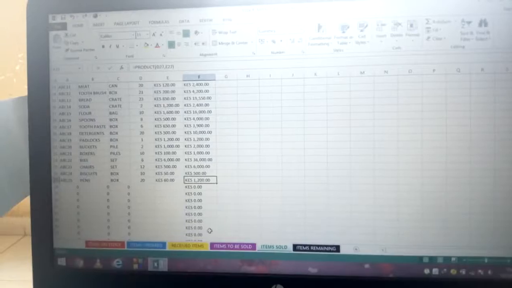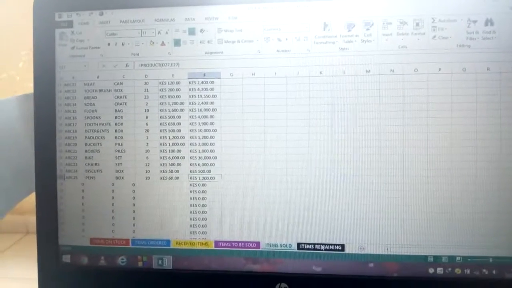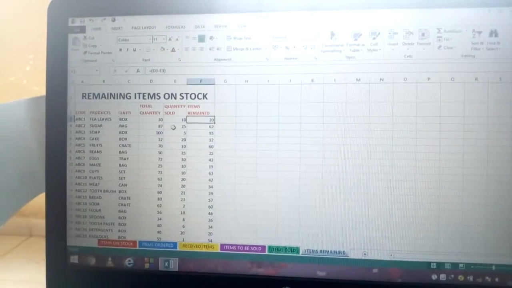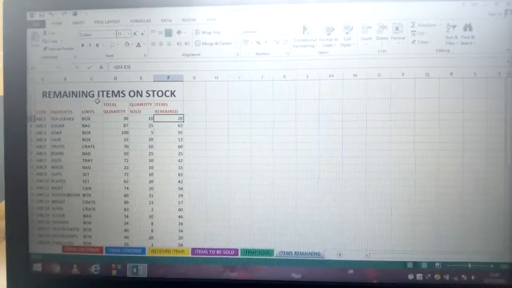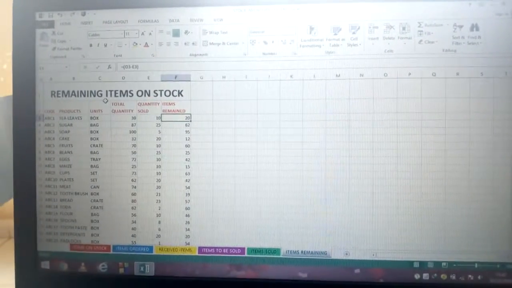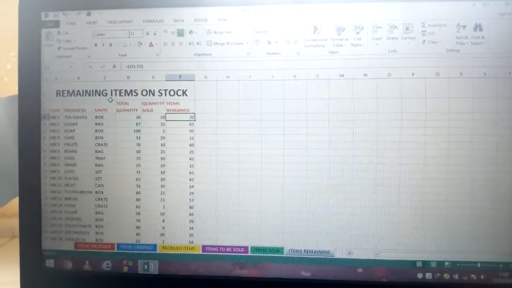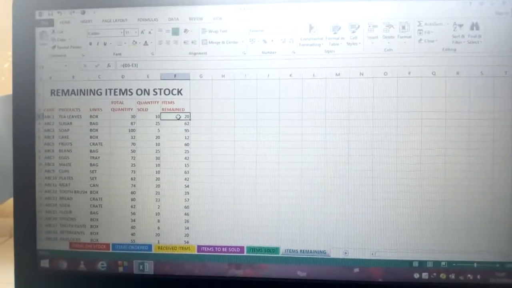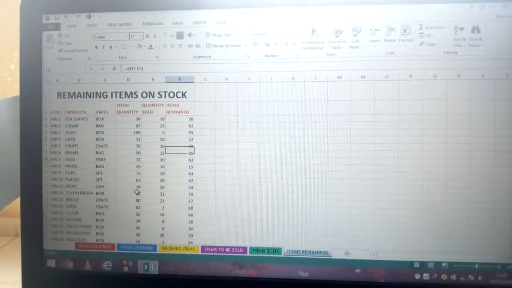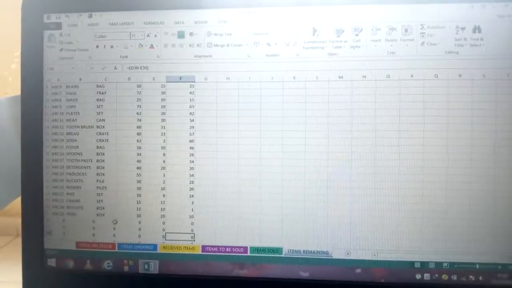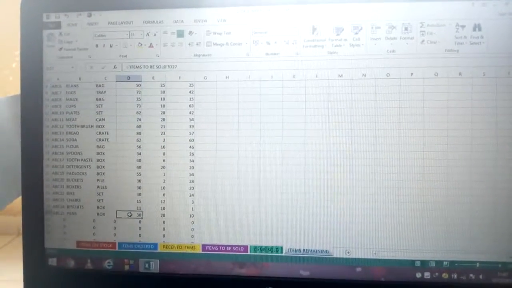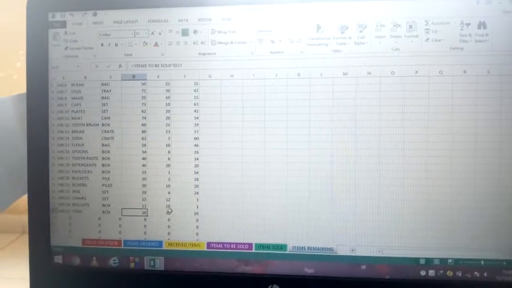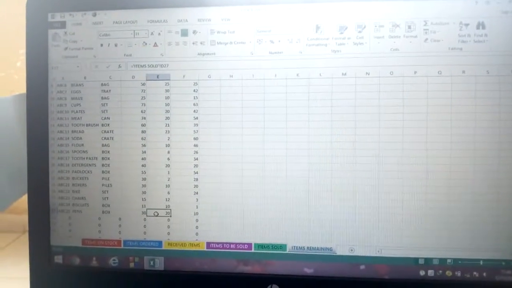On our last sheet, we're going to look at items remaining. These are the items which were on stock, but you sold some, and you remain with the others. So for our pens, we had 30 on stock, and then we sold 20 of them.